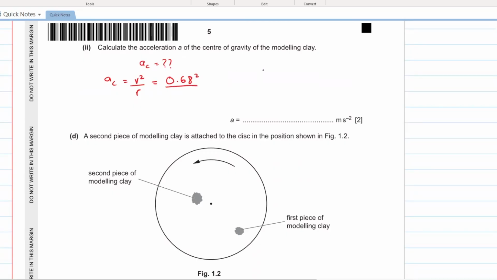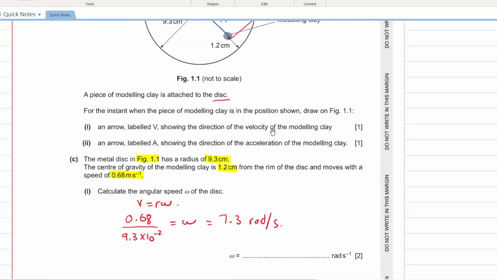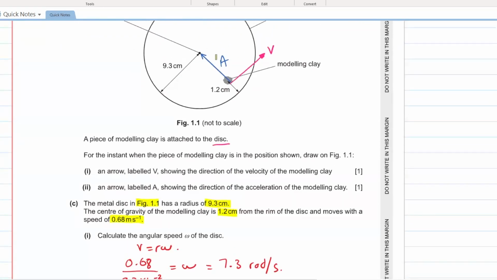Now, please pay attention. You have to calculate the centripetal acceleration of the molding clay. So, what is the radius of the molding clay? ये वाला distance क्या है बेटा? How can we calculate this? This distance is 9.3 minus 1.2 centimeters. That comes out to be 8.1 centimeters.